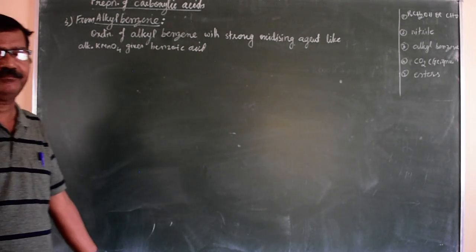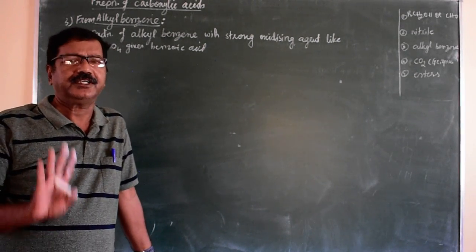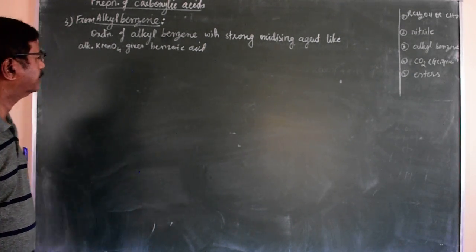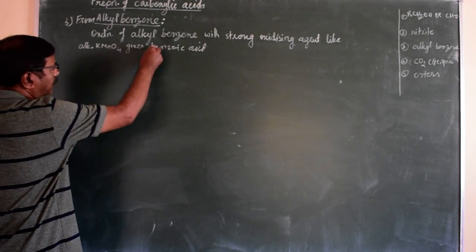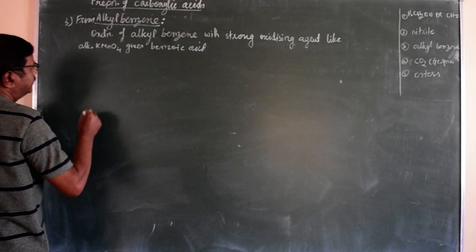Example, toluene. It may be ethyl benzene also, it may be propyl benzene. Whatever the carbon number in the alkyl group, the final product is benzoic acid itself.